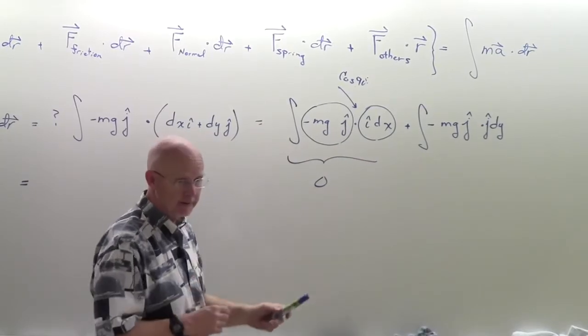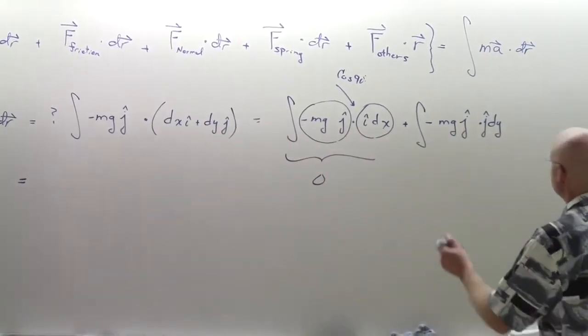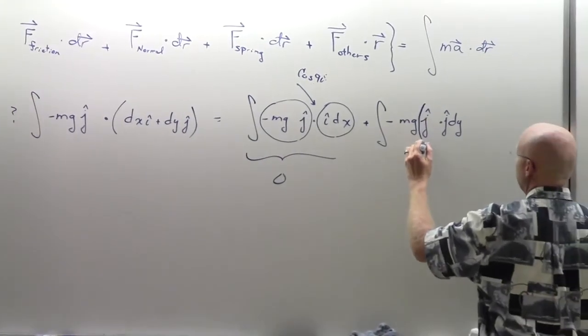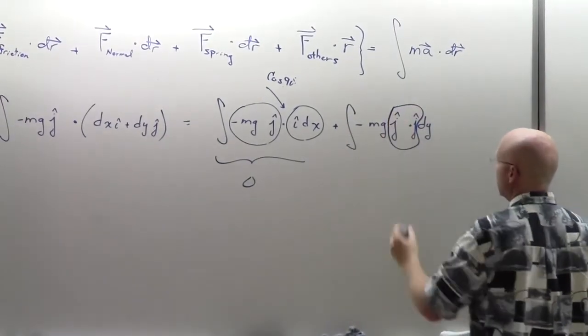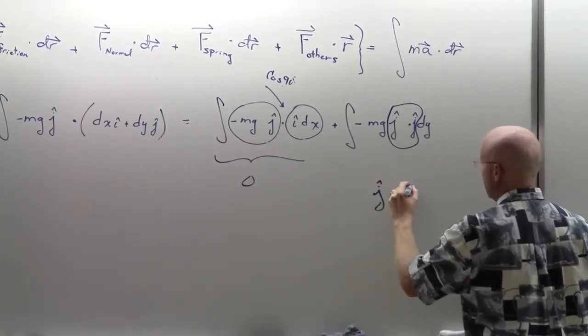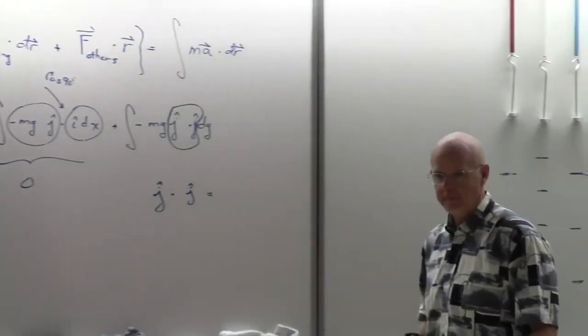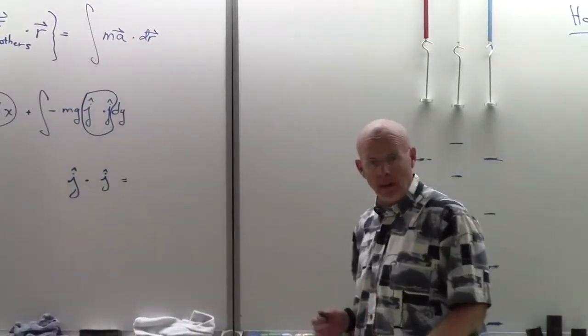But here, what would you say about these two? Especially just looking at the j hats. What would you say about a j hat dot a j hat? Well, remember how we did dot products, right?